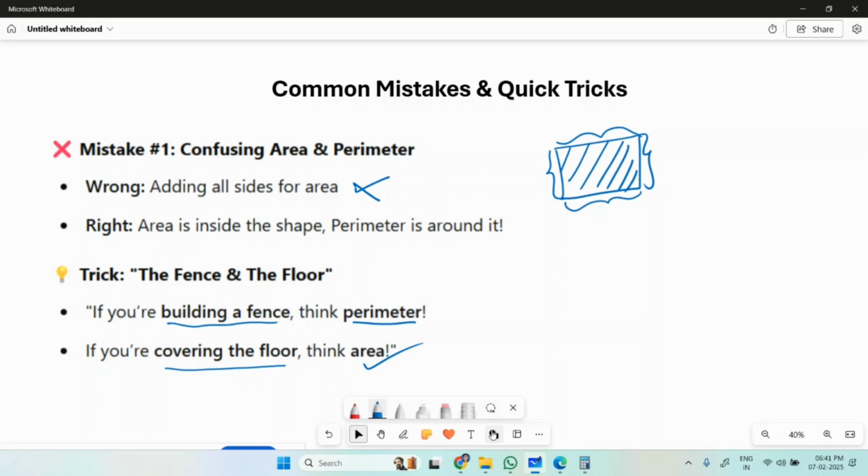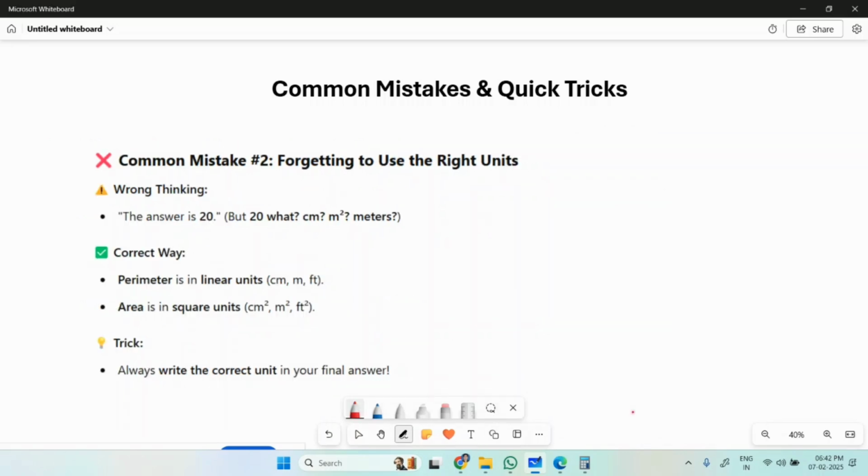Another most common mistake is children keep on forgetting the right units. Most of the cases they'll write the final answer, but they'll not write down the units. So here if the answer is 20, then we are not supposed to write only the answer. We also have to write centimeter or centimeter square. If it is perimeter, we will write down the units as it is.